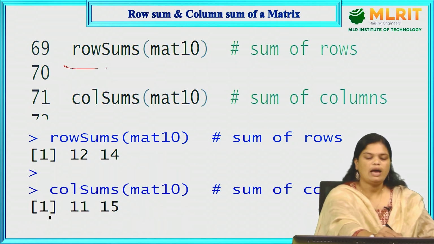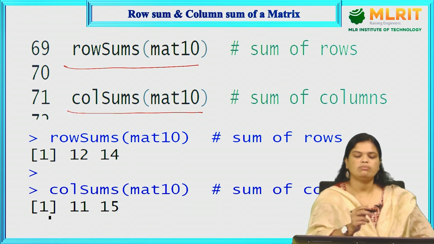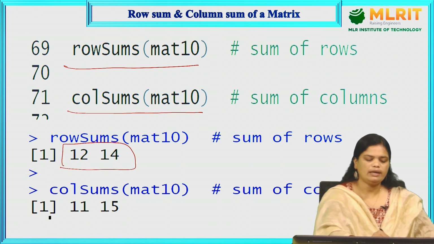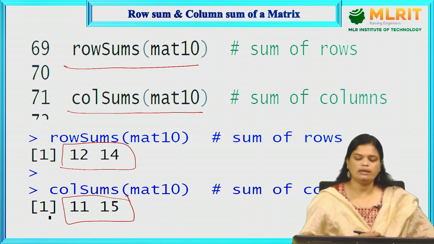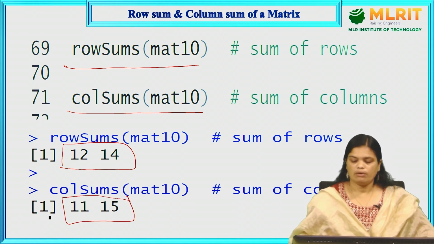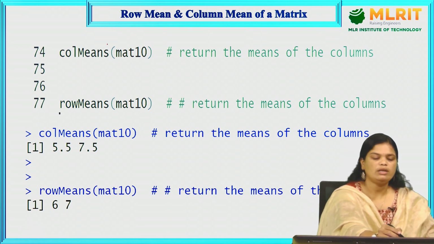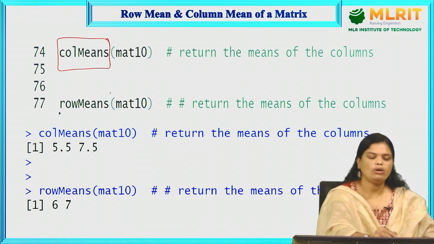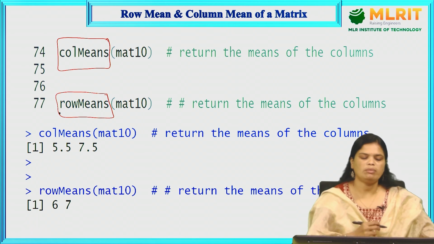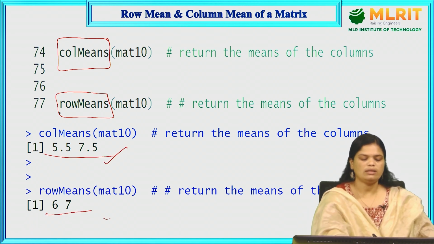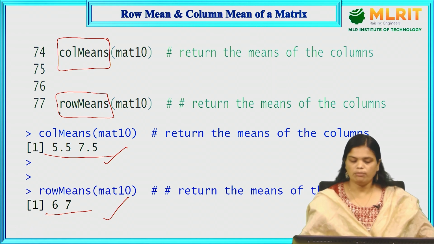We can have the row sum and column sum calculated for a matrix. Only rows will be added and only columns will be added by using these built-in functions. Likewise, we can calculate a column mean and row mean on matrices. Observe the outputs. This is the column mean and this is the row mean of a matrix.